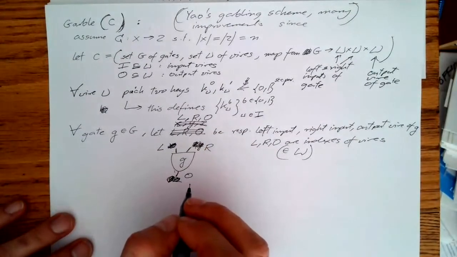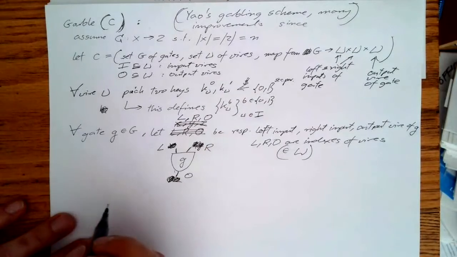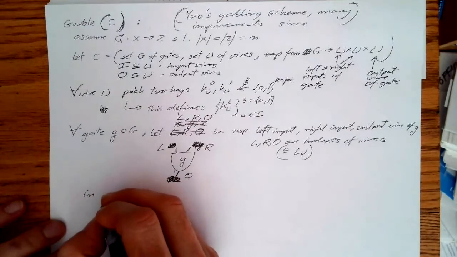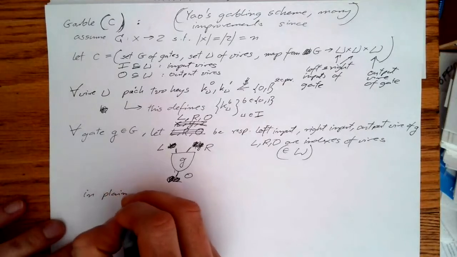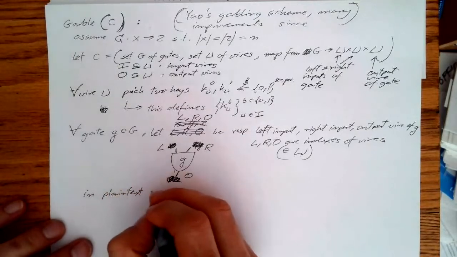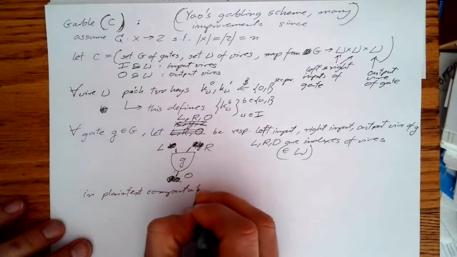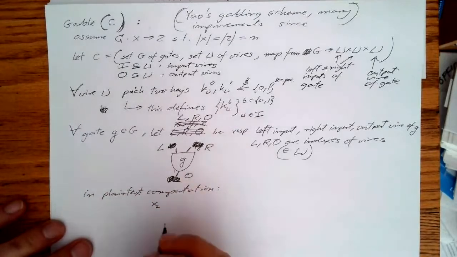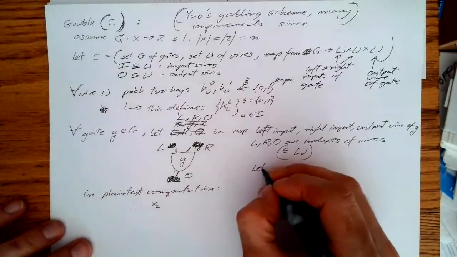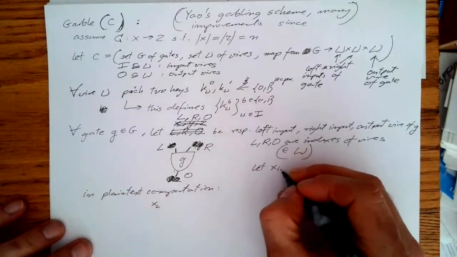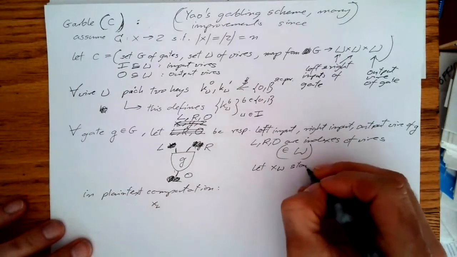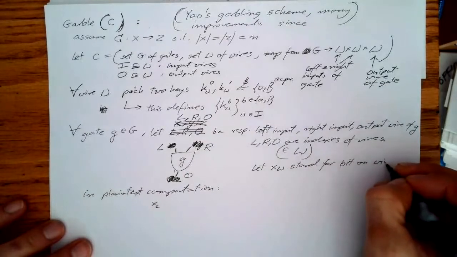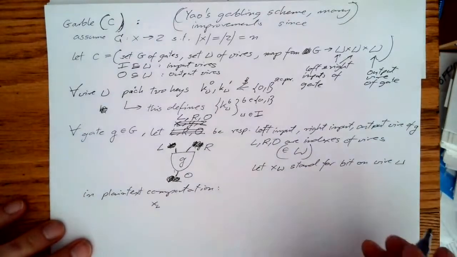So in plain text computation, this would correspond to having some bit. Let X_W stand for the bit on wire W in a computation.